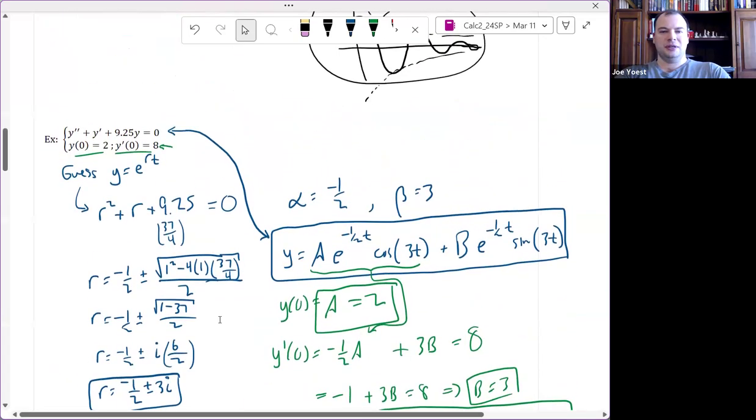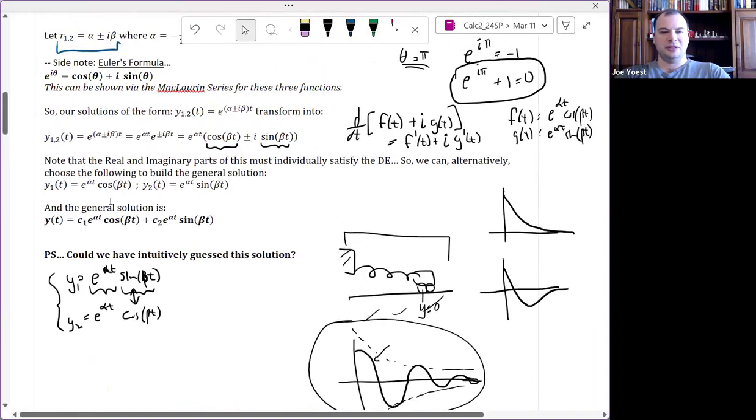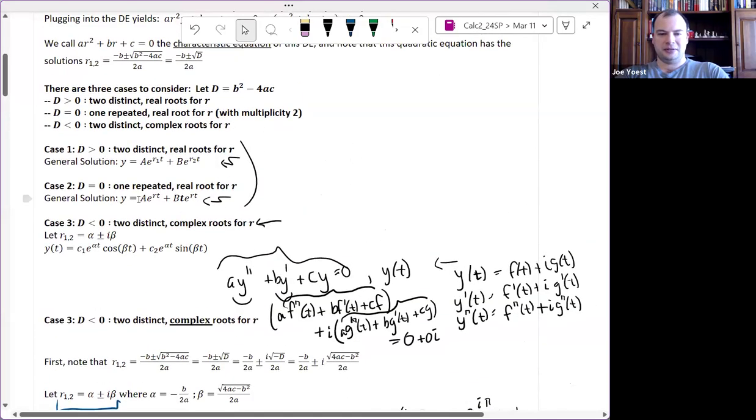Okay, so the complex case, again, is not super qualitatively different than the previous ones, but the form of our general solution is quite a bit different. But qualitatively speaking, we have a form of the general solution, just like we had for the other two.